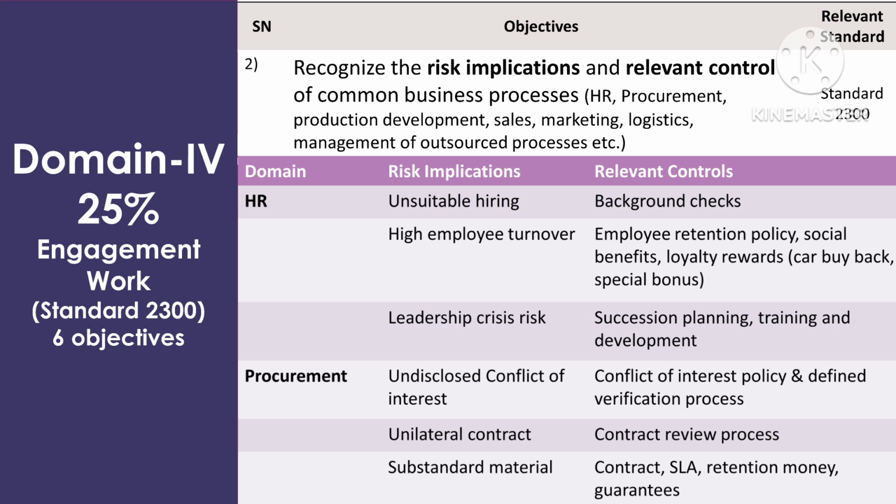Substandard material, for example, if substandard material is delivered: there has to be a contract and a service level agreement. We need a clause on retention money or performance guarantees, so that we can cover our risk as an organization and these risks are not exposed to us.